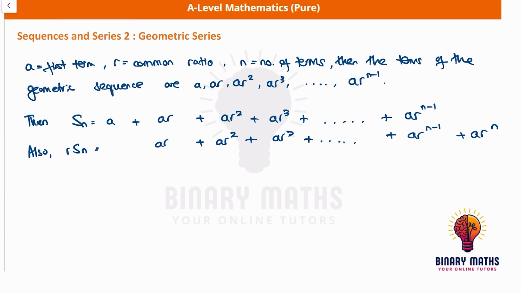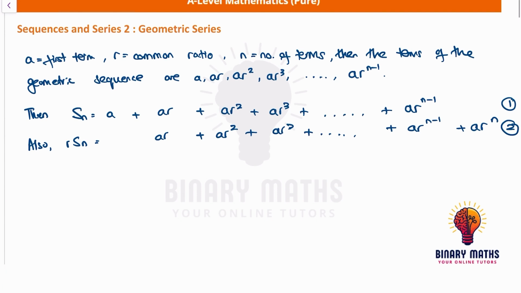Then if we call this equation 1, and we call this equation 2, then 2 take away 1 becomes, on the left hand side, r times Sn take away Sn.